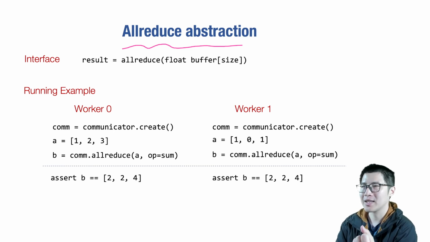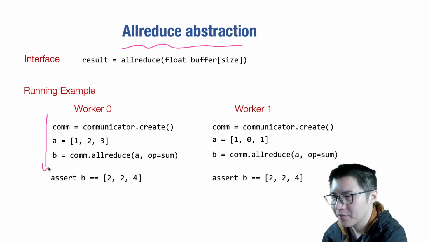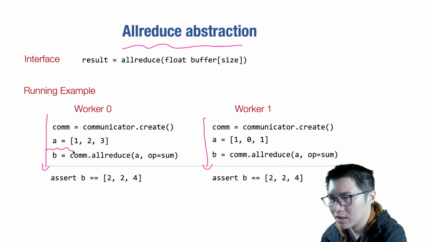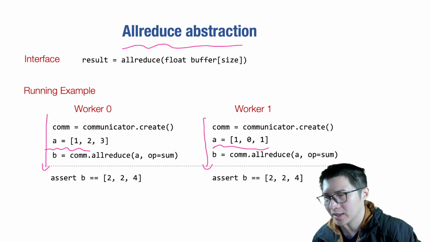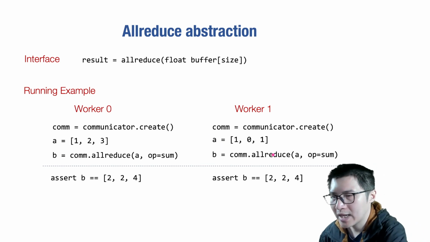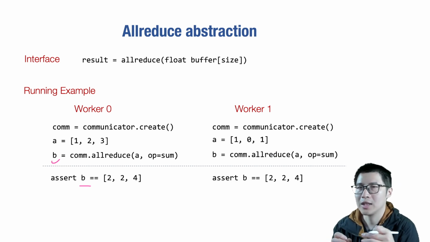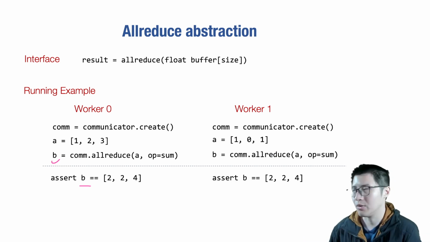The way Allreduce works is that each worker has a local copy of an array, and then they all collectively call Allreduce. After Allreduce, we get a result array where each element is the sum of the corresponding element across all the workers.